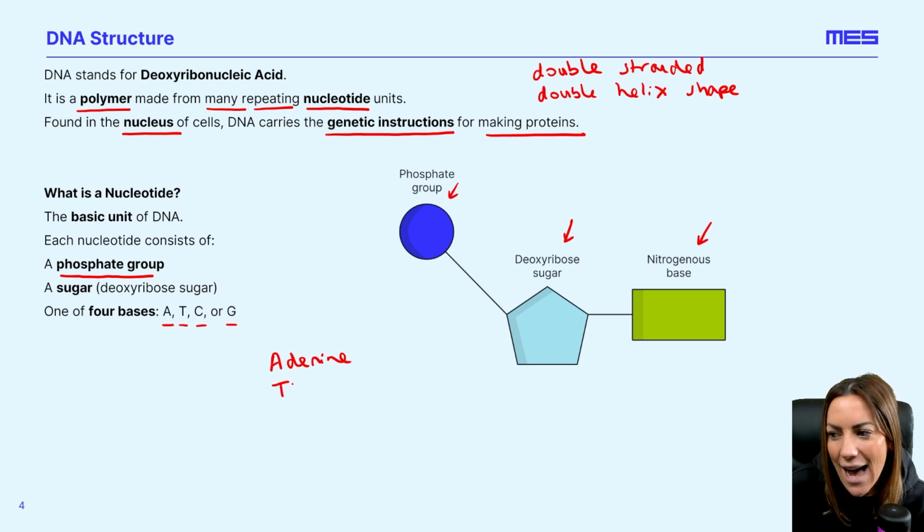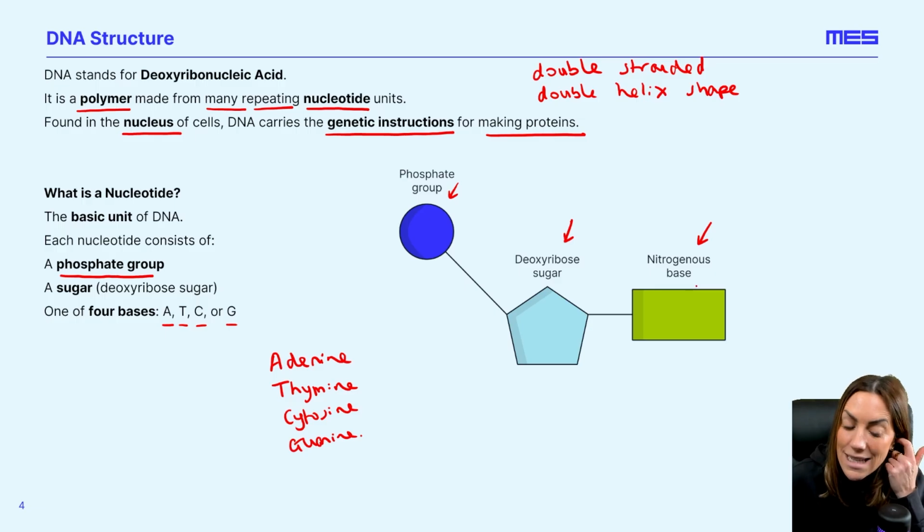So the A is for adenine, the T is for thymine, the C is for cytosine, and the G is for guanine. So 4 different types of bases, but all nucleotides will have a base, one of those 4, plus a sugar, plus a phosphate group.